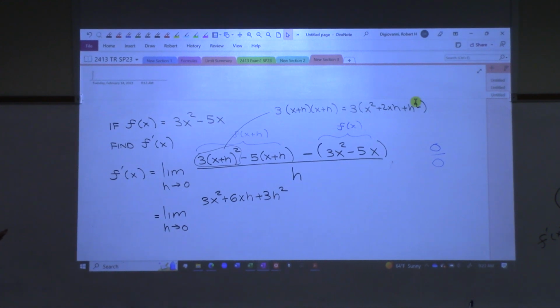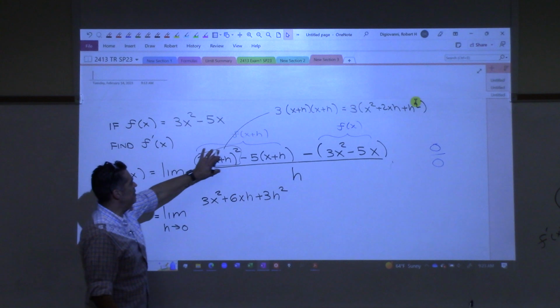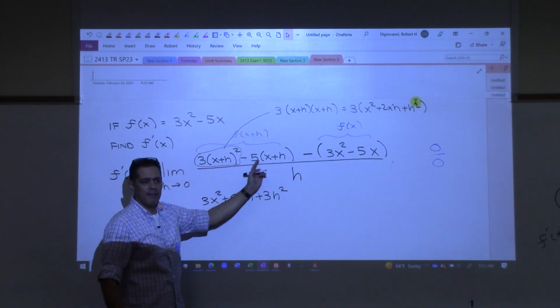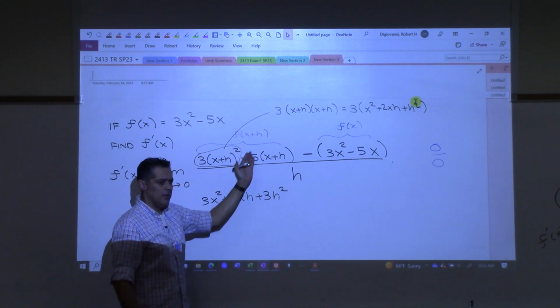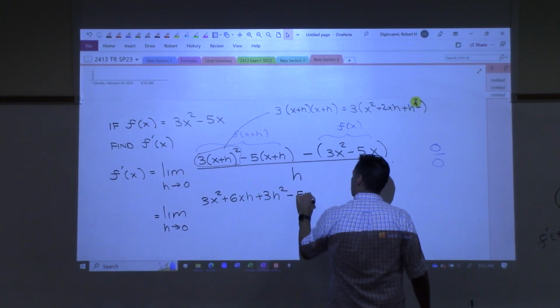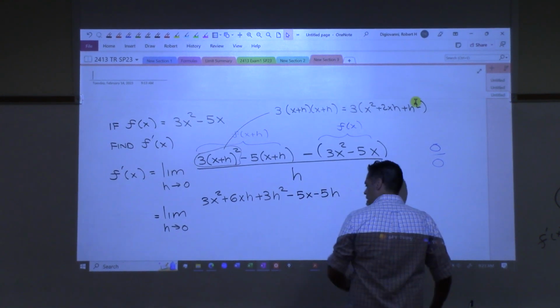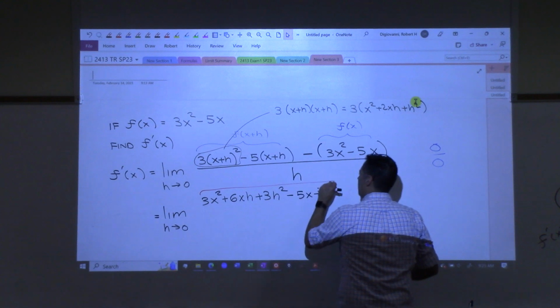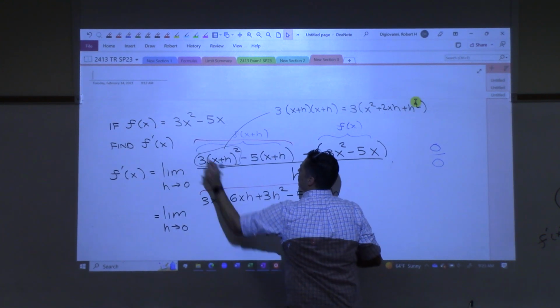Are you sure? We're good? That's just this, right? What do we still have? This here, right? So distribute your negative 5 through to both of those. You get negative 5x minus 5h. So just to color code this, all of this here were those two pieces right there.